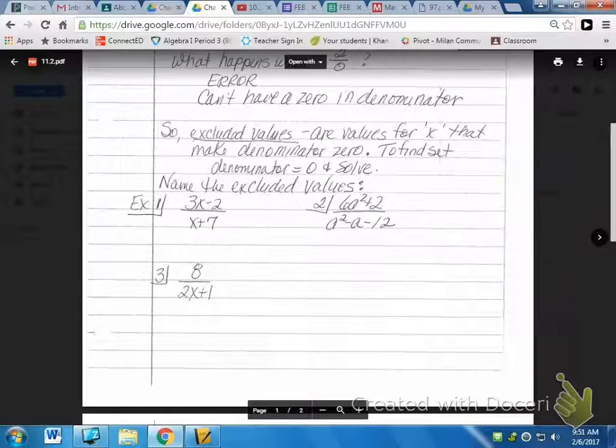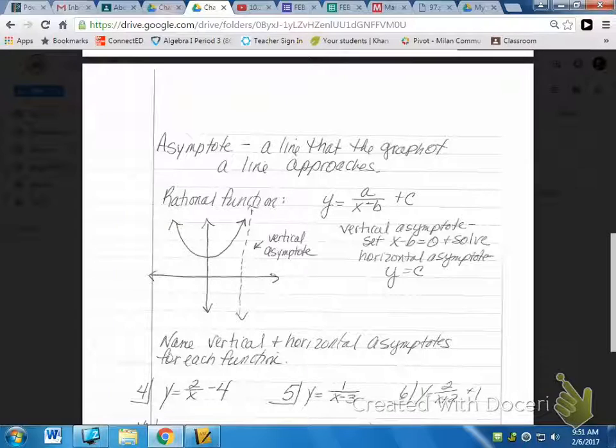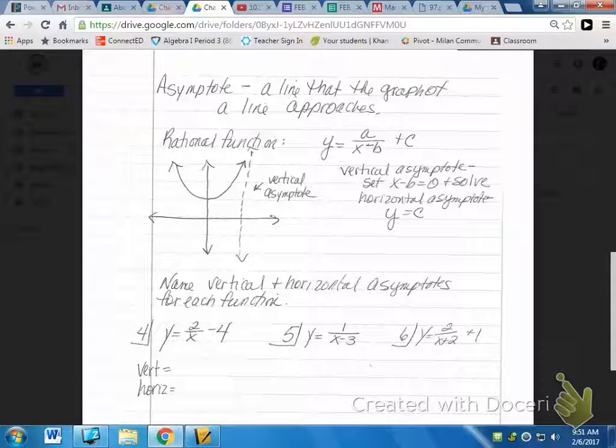So that's excluded values. That's kind of half of what we're doing today. The other half talks about graphing these rational functions, and we have to introduce a term called an asymptote. That is a line that the graph of a function approaches, but it never really crosses over it. And there are reasons why there are asymptotes.